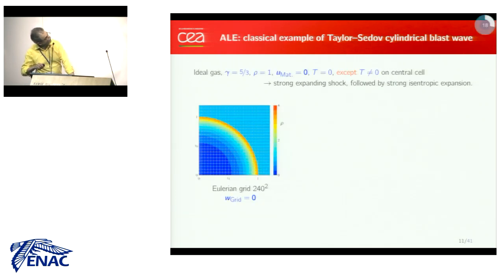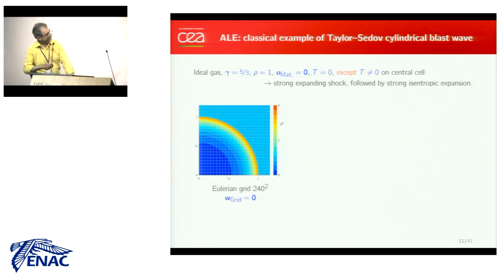So just to put some flesh here, here is the simulation of a classical test case, the Taylor-Sedov expansion. You have a strong internal energy at the central cell here, and the rest of the fluid is an ideal gas at 0 temperature, and you have a shock expanding from the origin here.